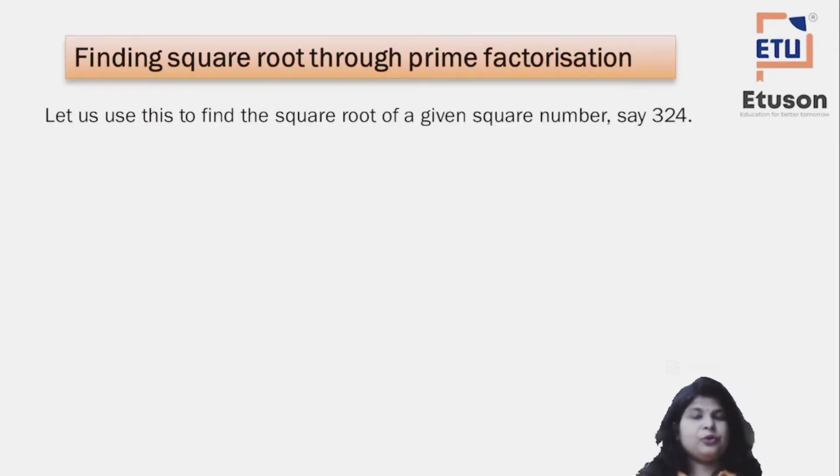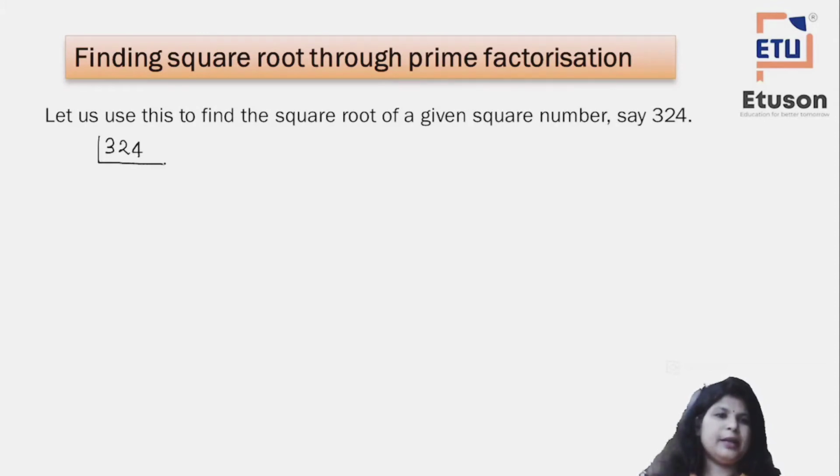Now, finding square roots through prime factorization. Let us use this to find the square root of a given square number, say 324. All of you know what prime factorization is, right? So let us factorize 324. First prime number, we will divide it by 2.